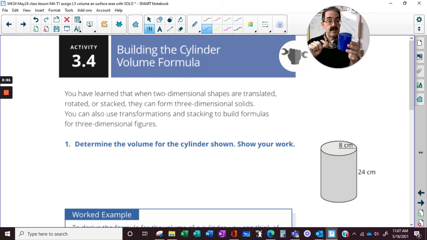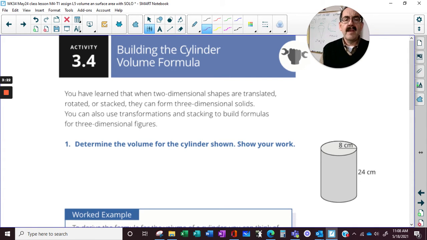Isn't a cylinder nothing more than tons and tons of these circles stacked up? Just stack them up until you have a ton of them, and we have what's called a cylinder.